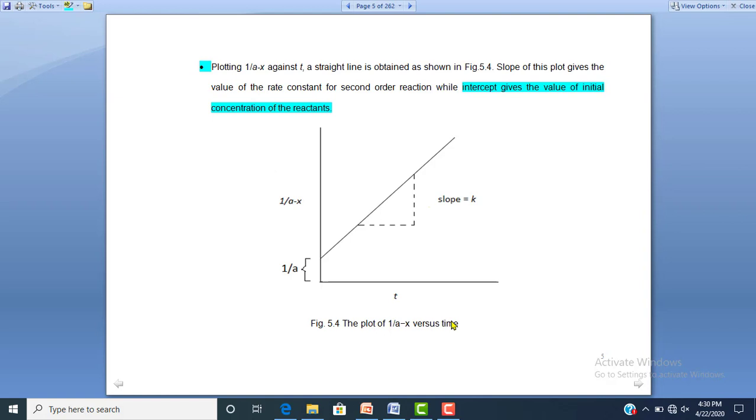Dear students, during this part of the lecture, you have studied the kinetics of the second order reaction when the initial concentration of both reactants was the same.